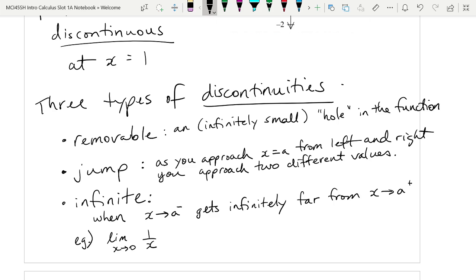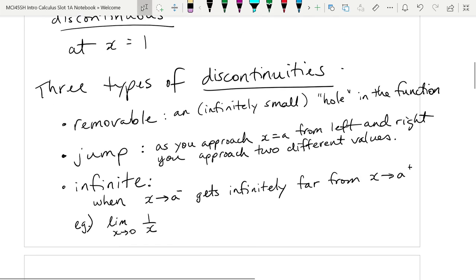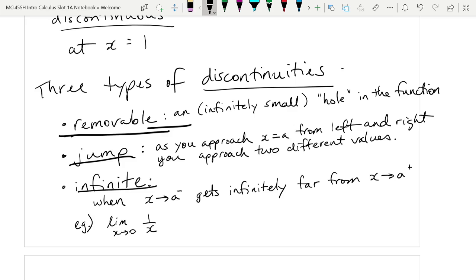This is asymptote land. So infinite discontinuities, so here's the 3 types again. Removable, jump, and infinite are the three types of discontinuities, and this x equals 0 is a vertical asymptote.